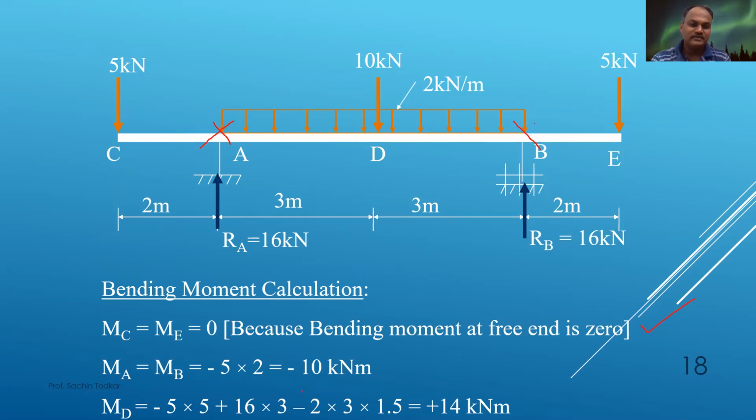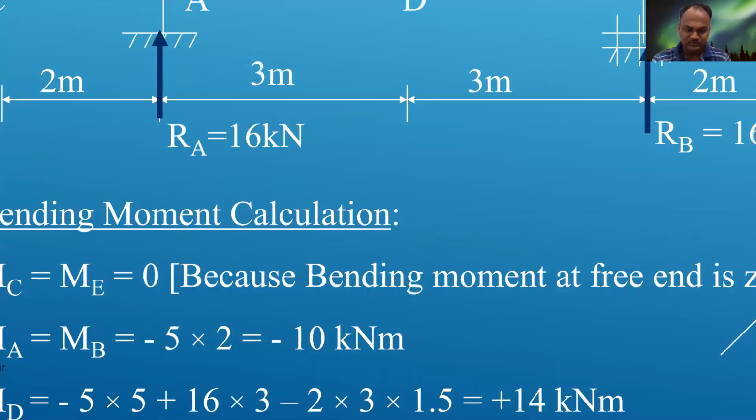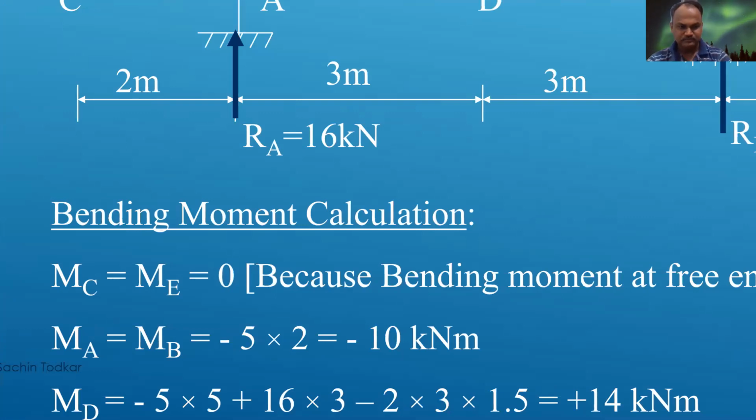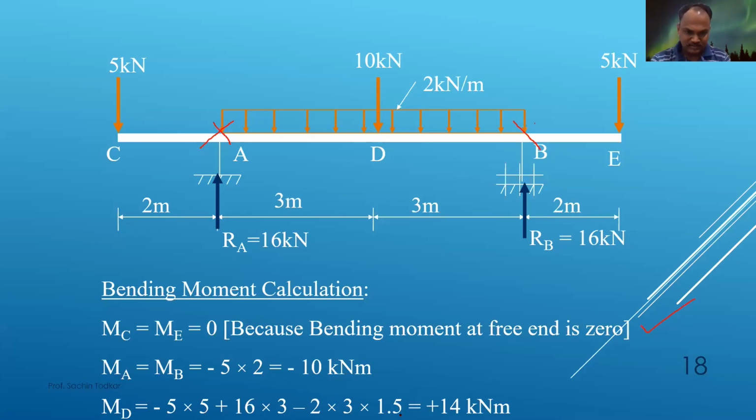That's why this calculation comes as 2 into 3 into 1.5, and your answer comes 14 kilonewton meter.